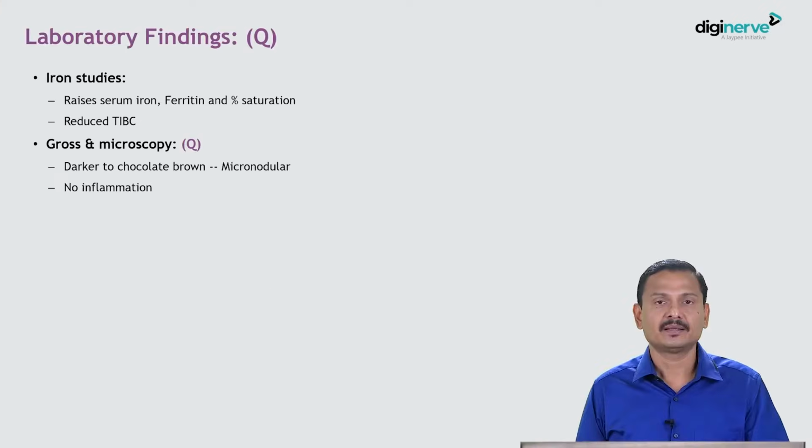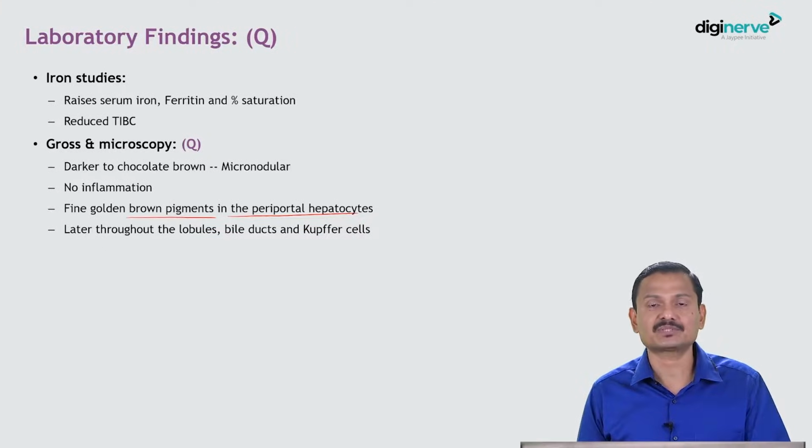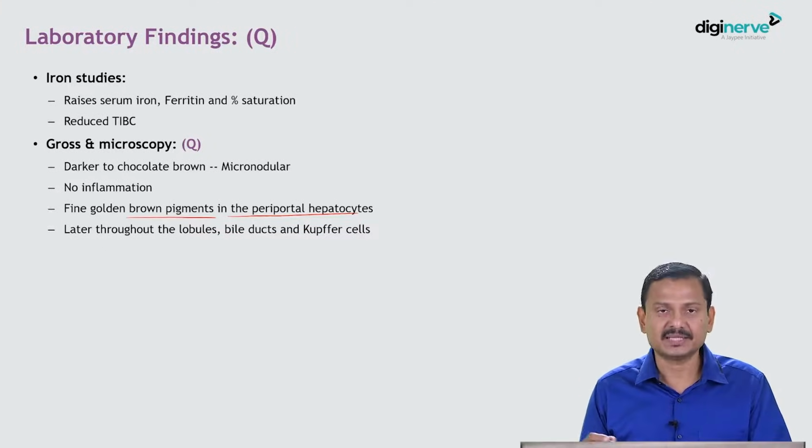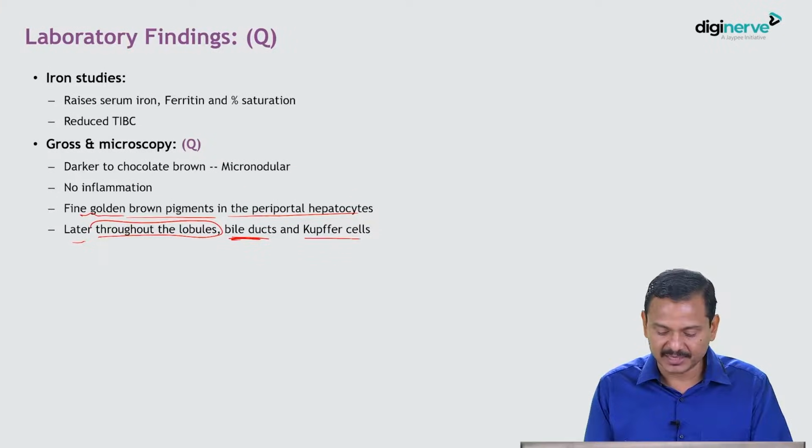Here there will be no inflammation, and what we will appreciate is fine golden brown pigments in the periportal hepatocytes in the early stage, but these fine golden brown pigments will increase and involve the entire parenchyma, including the bile ducts as well as Kupffer cells in the later stages.